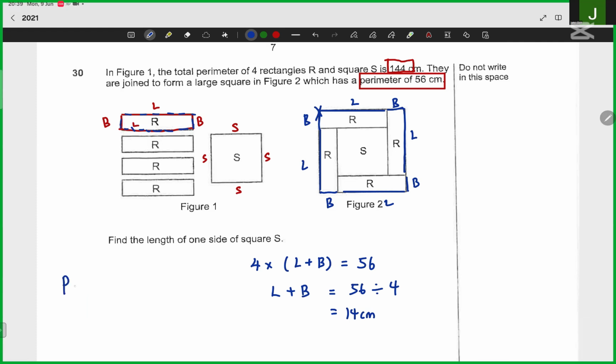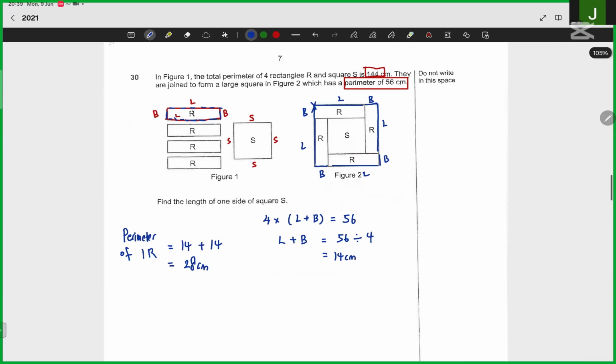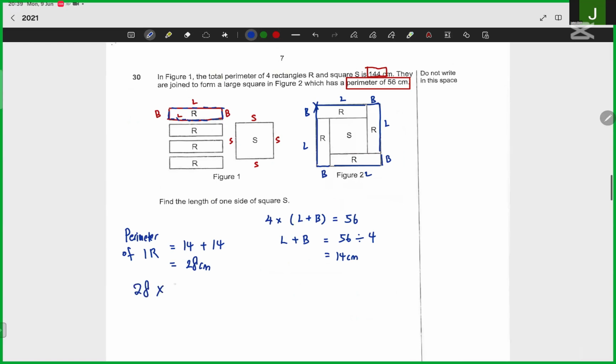So the perimeter of 1R is actually 14 plus 14, 28 cm. So 4 rectangles would be 112 cm, right?